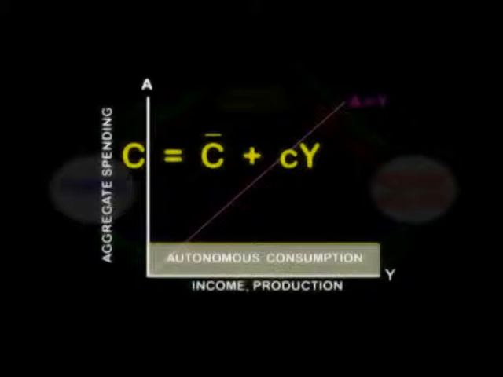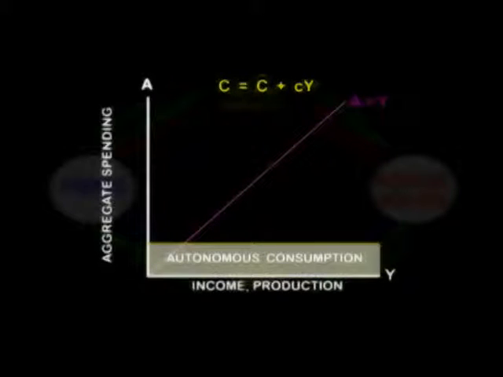On our graph, this would be represented by a horizontal line. This autonomous consumption will remain constant irrespective of the level of income. The second component of the consumption equation represents that part of consumption that is driven by income. The higher the income, the more will be spent.